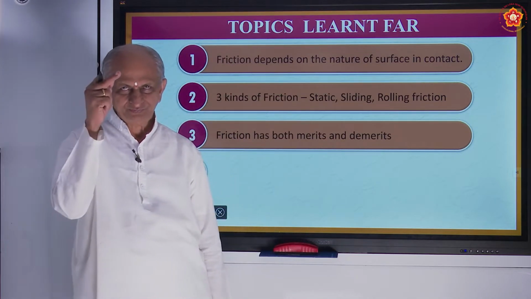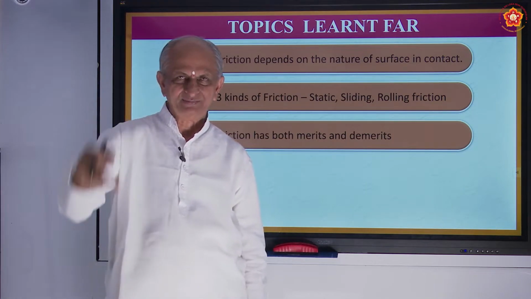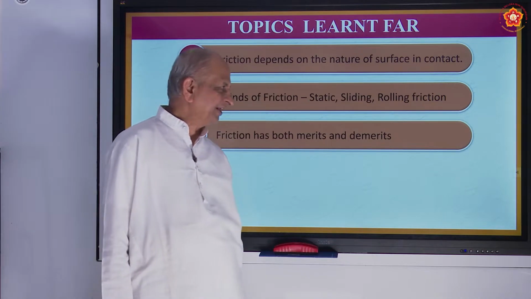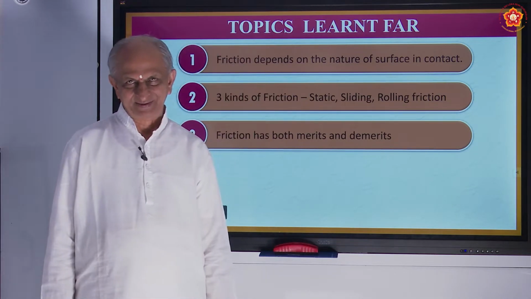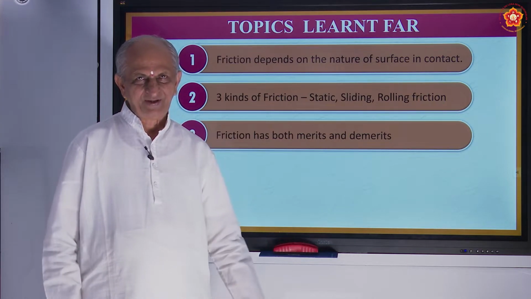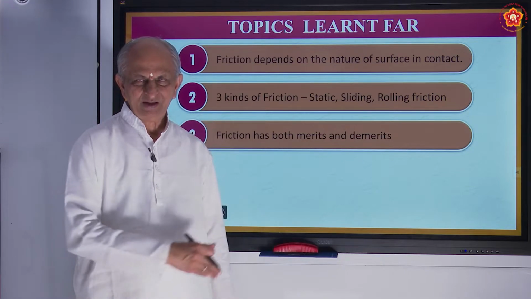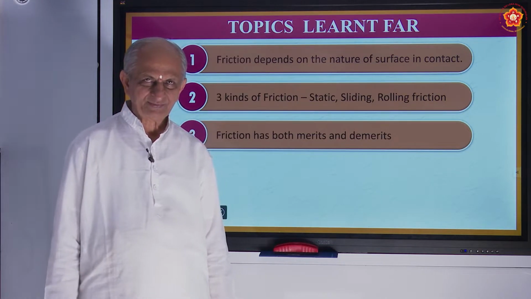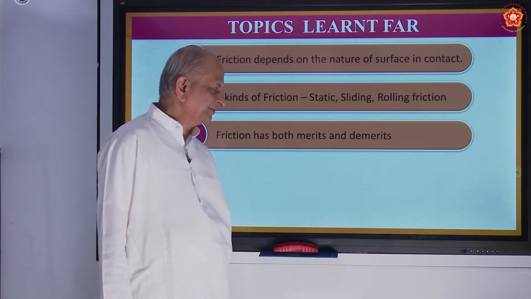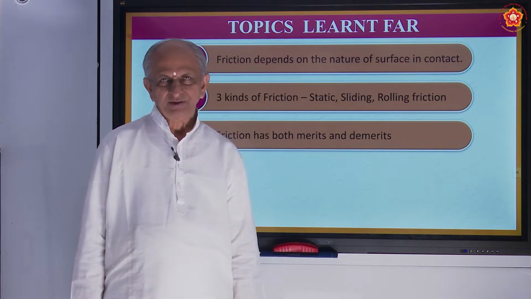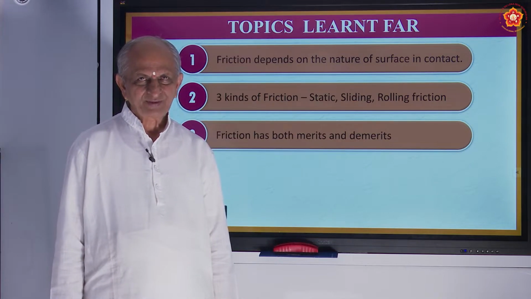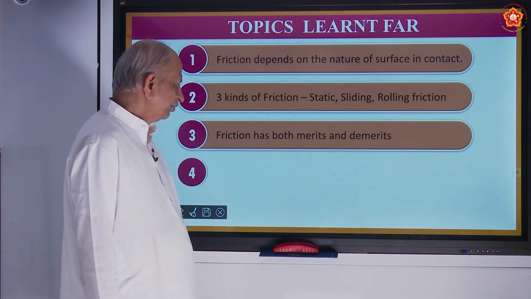For that, you apply some powder and then strike it. So friction has both merits and demerits. Is it not? The surface is smooth, you can easily push or pull the objects on the floor. So there the smoothness of the floor where the friction is less is helpful. So like that you go on listing out.